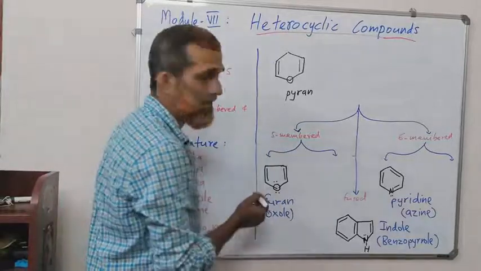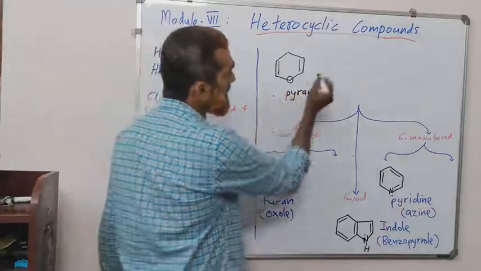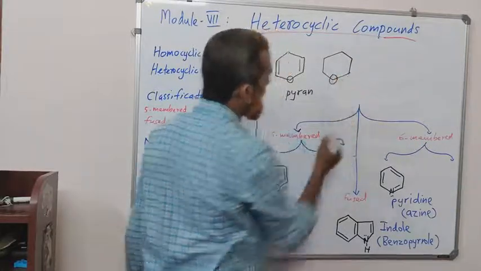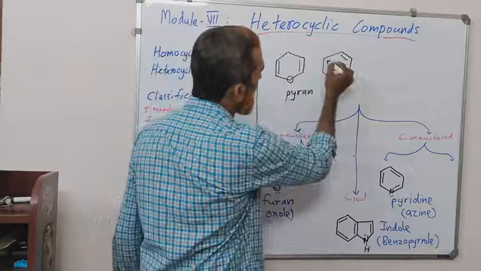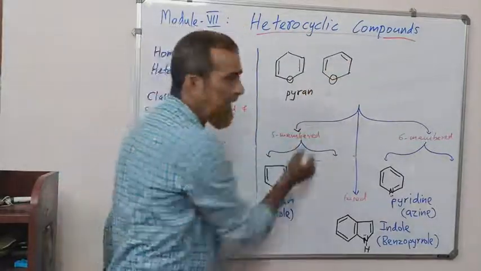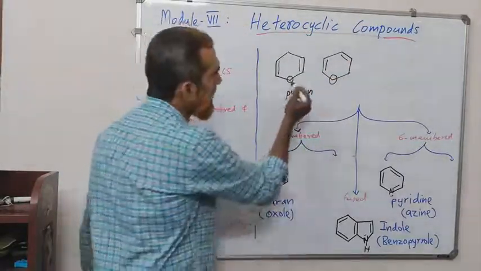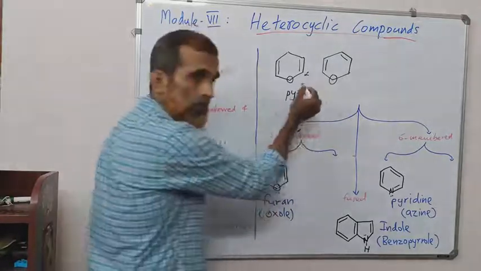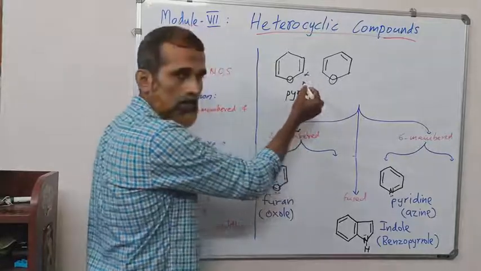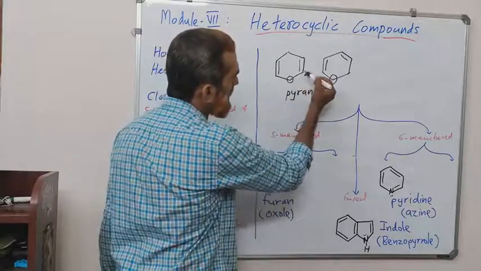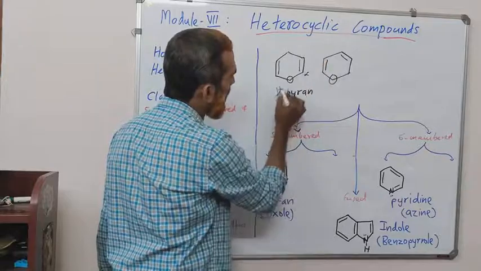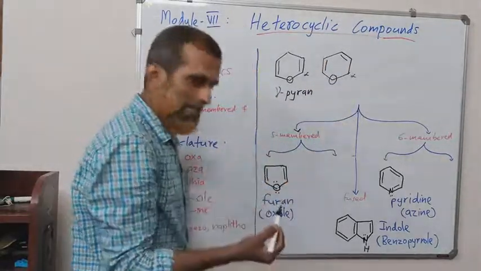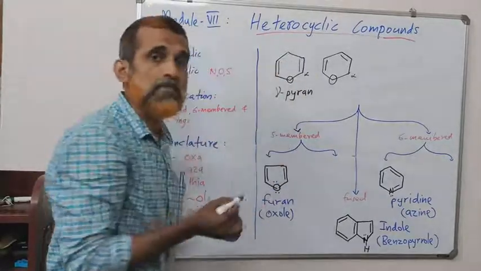So this is pyran. But here there is an isomer for this one. See, oxygen here, and I change the double bond position, and now it is here. This is also pyran. Then what's the difference? We number from here. In the common method, with respect to oxygen, this is the alpha carbon, then beta, gamma. So this is called gamma pyran, and this is called alpha pyran. Another method is to indicate the point of saturation.